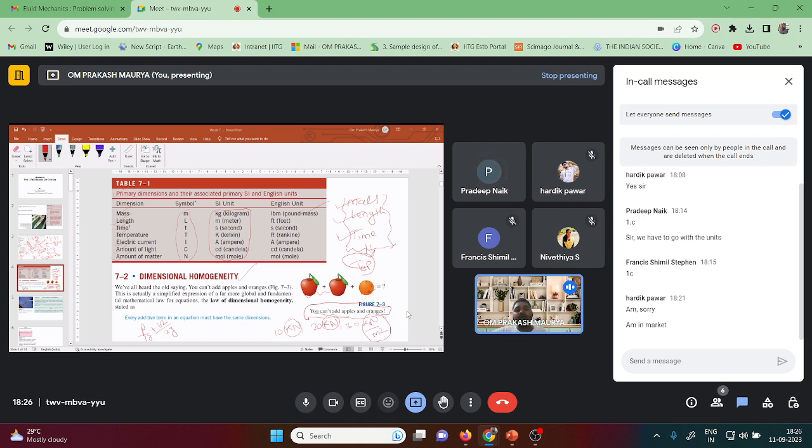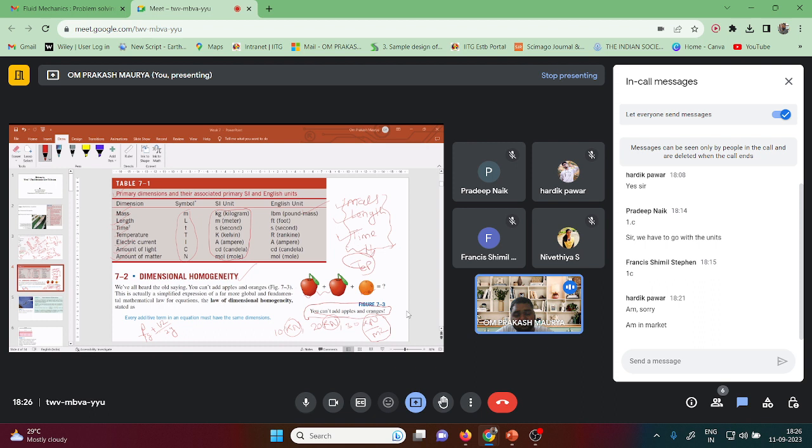It is based on the book from which I have taken the content. Clearly, for the mass it is taking the small m. You can take the capital M. Someone can take another symbol for the mass. No problem.